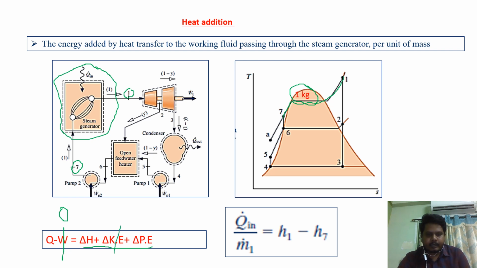Generally we neglect kinetic energy and potential energy, so Q equals delta H. So we can write heat addition to the boiler per unit mass as: as you can see in the TS diagram, heat addition takes place between 7 and 1, so H1 minus H7 into mass 1 kg. So the equation is heat addition to the boiler per unit mass equals H1 minus H7.